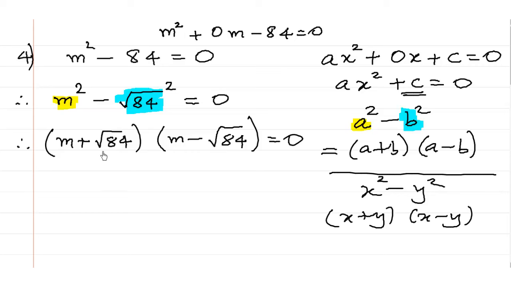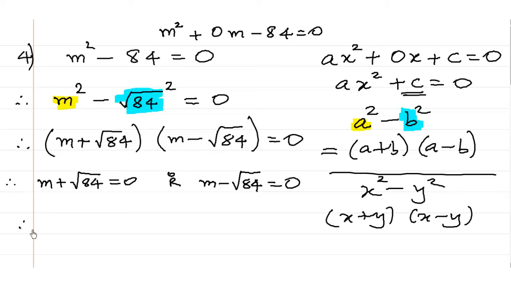Now we suddenly have two brackets before us, and both the brackets are multiplying over here. So either m plus root 84 is equal to 0, or m minus square root of 84 is equal to 0.